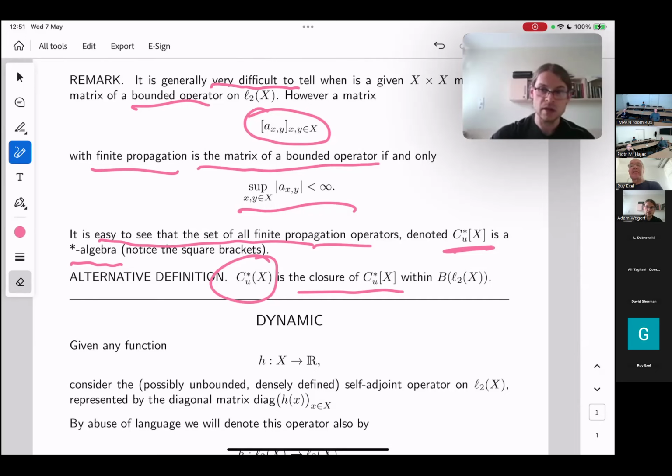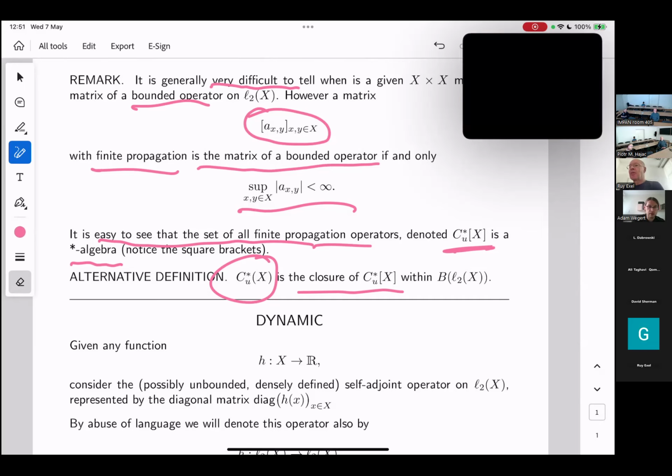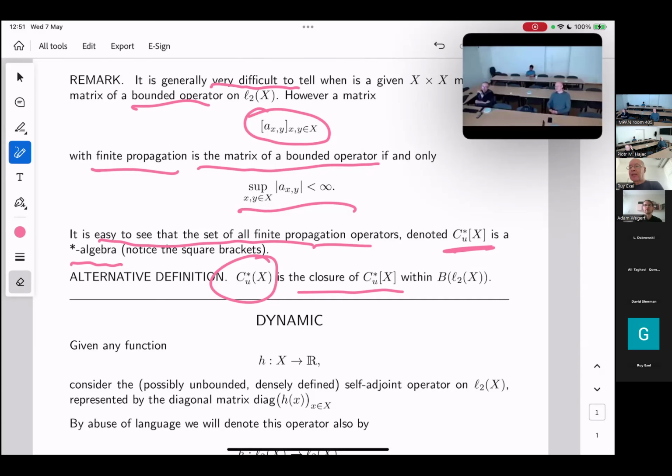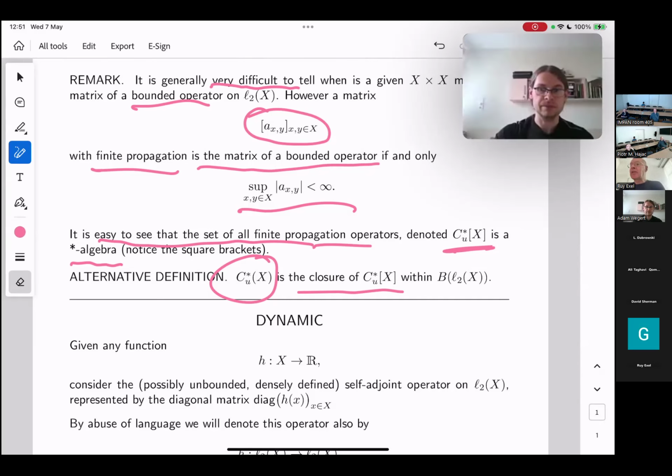No, it's not along these lines. Okay, there is a comment on the chat that U is for uniform. Okay, for uniform. Thank you. Exactly. It's called the uniform Roe algebra. Roe also defined the Roe algebra, which has a very similar definition, but where the entries are compact operators instead of scalars, but that's a totally other story.